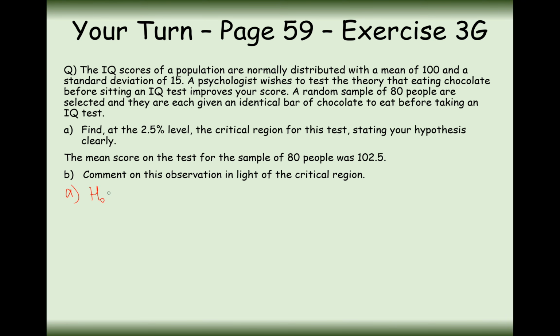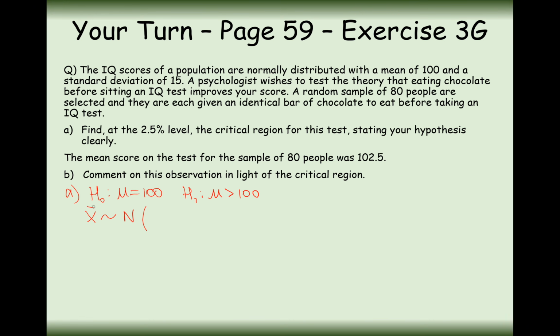Okay, well let's get started on those hypotheses then while we remember. So the initial hypothesis is that the mean is equal to something. It's always the initial one where the mean is equal to something, in this case 100. For the alternate hypothesis, we're going to try and predict that the mean will increase after eating a bar of chocolate. And the X distribution is a normal distribution where the mean is 100 and the standard deviation is 15.